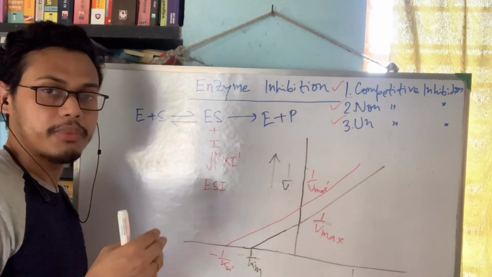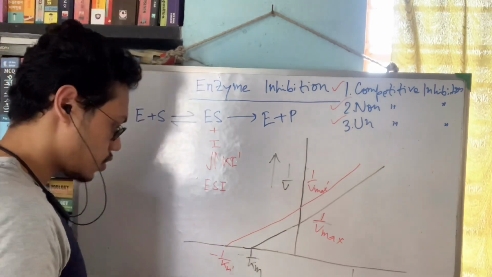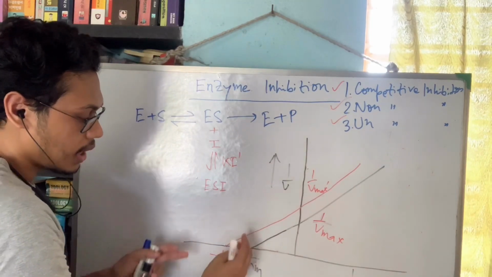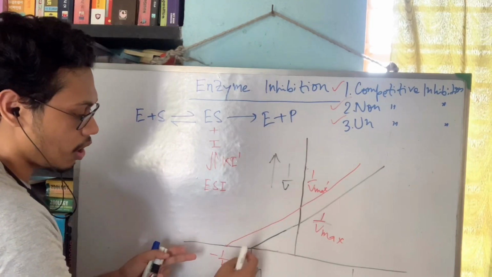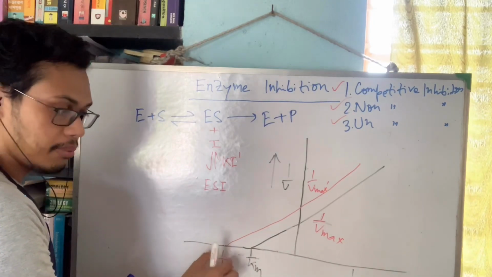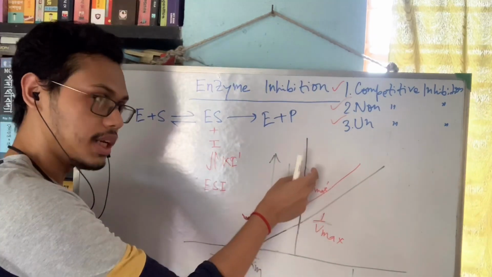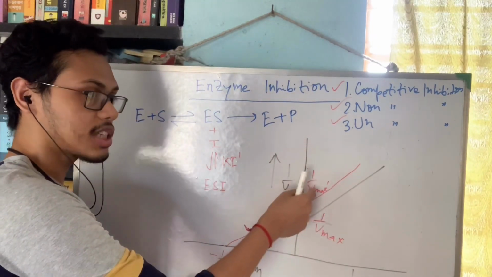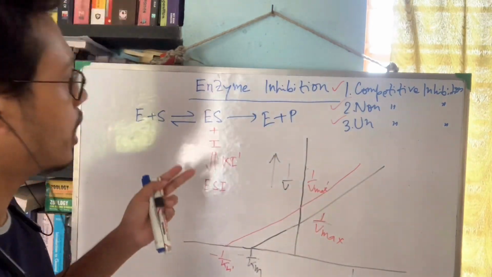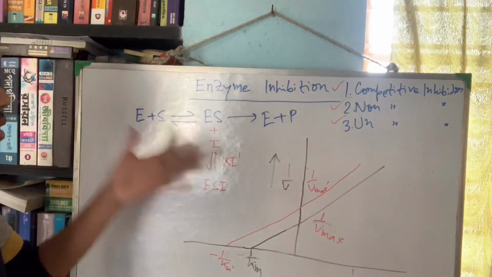If 1 by Km increases, then Km value will generally decrease. And 1 by Vmax becomes increased, so the Vmax value has been decreased. Okay? So this is the brief idea of the enzyme inhibition procedure.